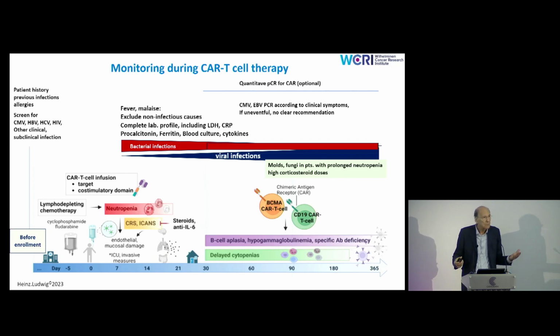You want to exclude patients who have subclinical hepatitis infection or disease. You want to exclude CMV. And so you do these pre-screening studies. And if patients develop any clinical signs, then you will start with more intensive diagnostics in order to figure out what's happening.